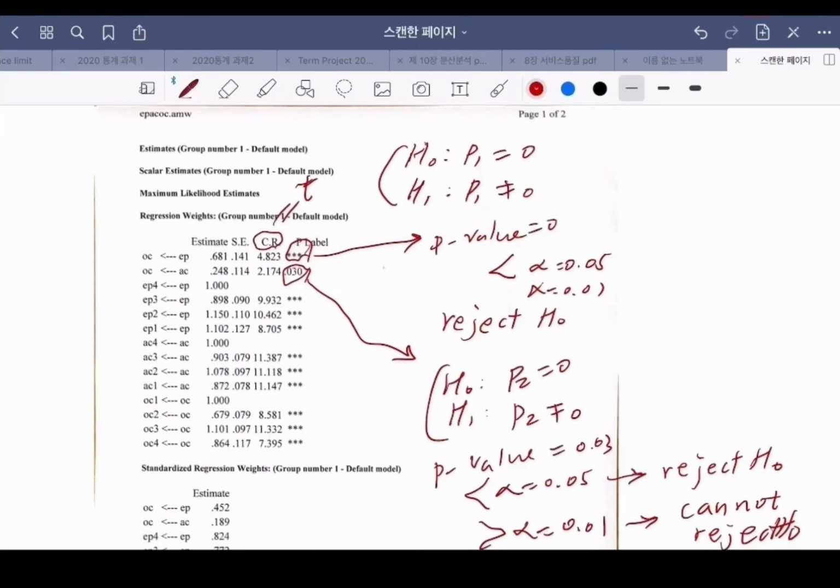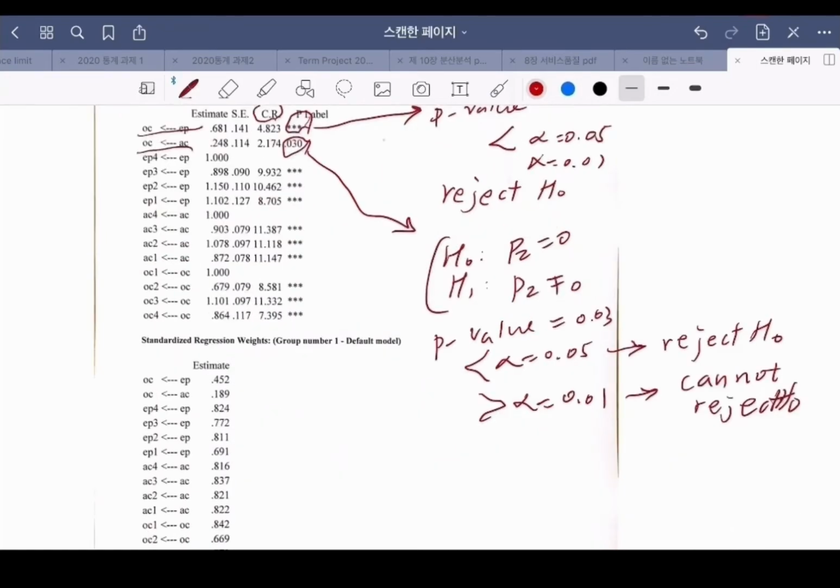If T is greater than 2, you reject the null hypothesis. 2 corresponds to alpha of 0.05. That's the relationship between independent and dependent variables, and when you want to compare the strength of the relationship, you use standardized regression weights.